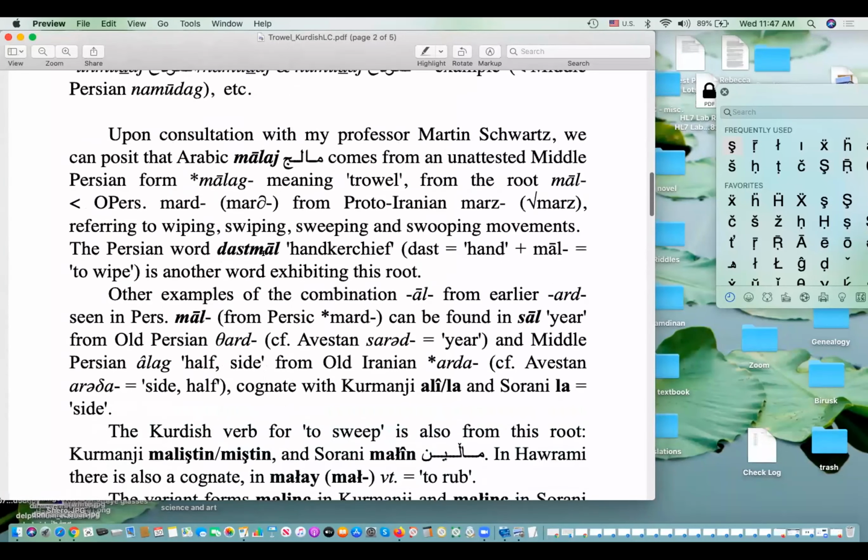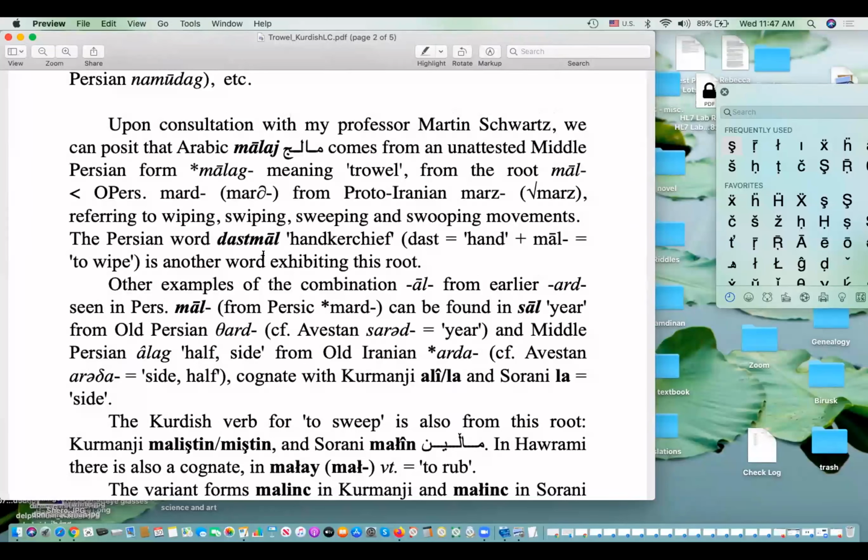And then I consulted with my retired professor at Berkeley, Professor Emeritus Martin Schwartz, and we can posit the Arabic malaj coming from an unattested Middle Persian form malag, meaning a trowel, from the root mal, Old Persian mard. The Persian word dast mal, handkerchief, from dast and mal, to wipe, is another word exhibiting this root.